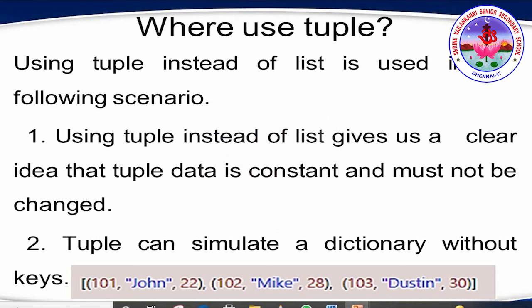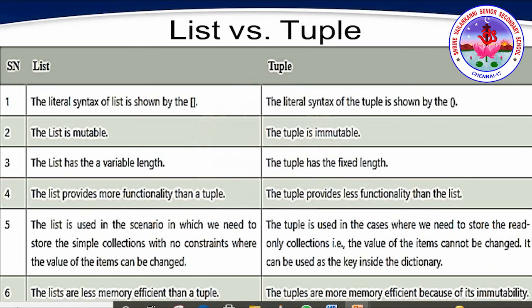For example, (101, 'John', 22). Seeing the tuple itself, we understand that the ID, the name and the age are given. There are nearly 3 tuples defined. They tell that this is how the data is defined.